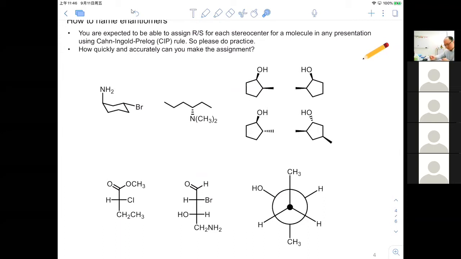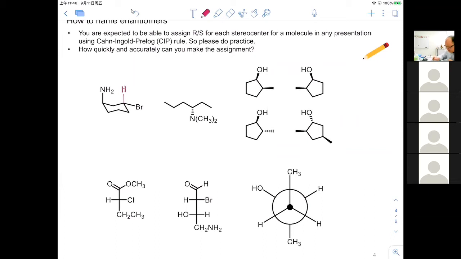These molecules are just for you to practice after class, but I can briefly talk about several of them. For example, for this chair conformation, it's really easy to assign, right? If you are really familiar with the chair conformation, you know how it looks. In your mind, you can make up these hydrogens here.